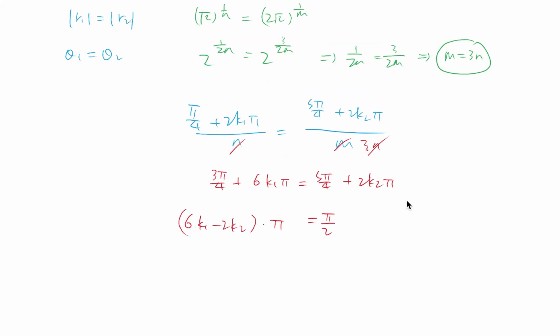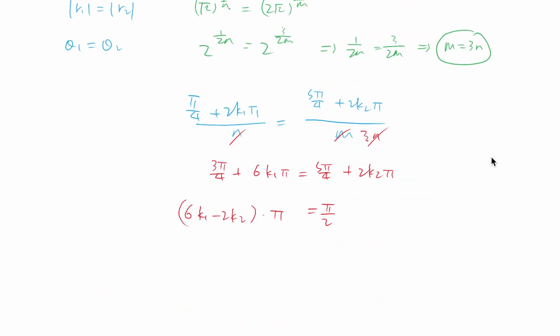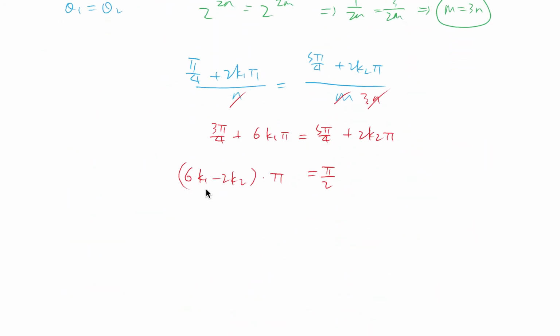Because at the beginning we assumed k1 and k2 are both integers. So 6 multiplied by an integer is an integer, 2 multiplied by an integer is an integer, and 6k1 minus 2k2 is also an integer.